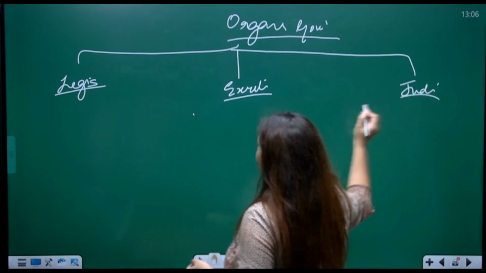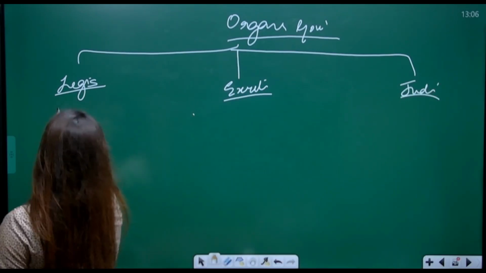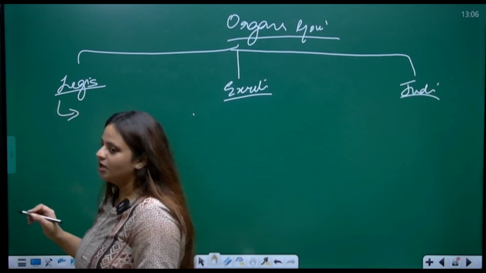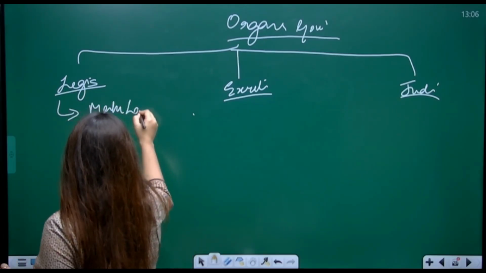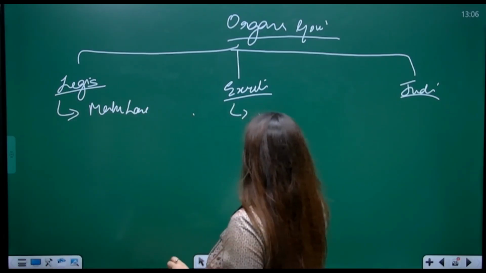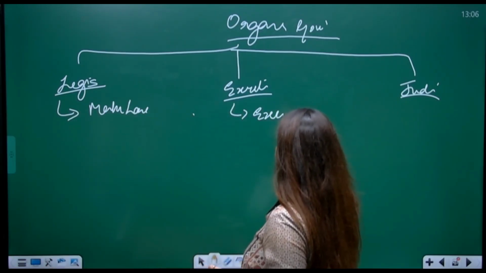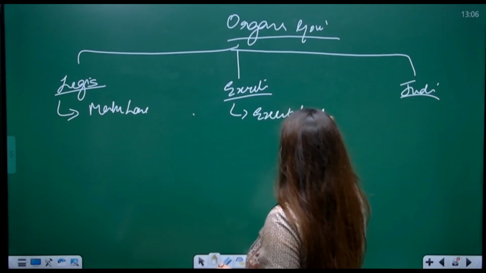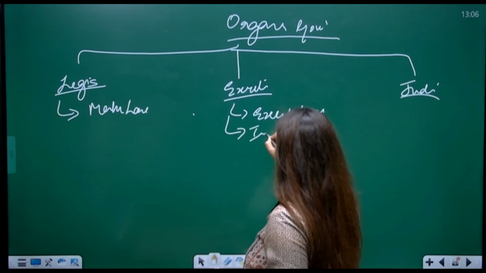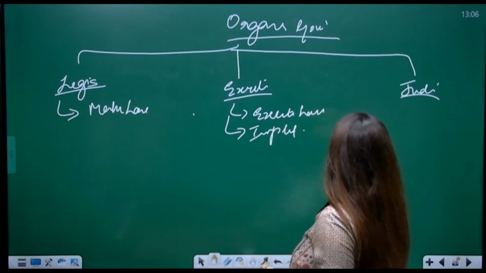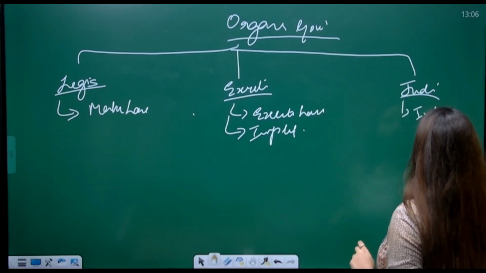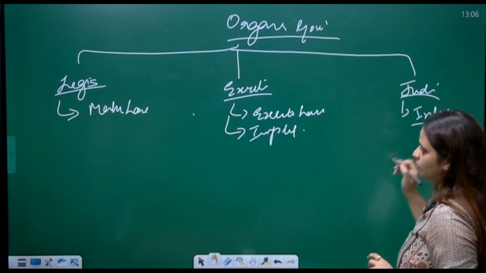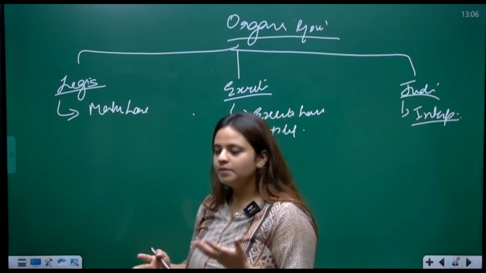The primary work of the legislature is to make laws. The work of the executive is to execute, or implement, laws. The work of the judiciary is to interpret laws. It tells you the real meaning of the laws.